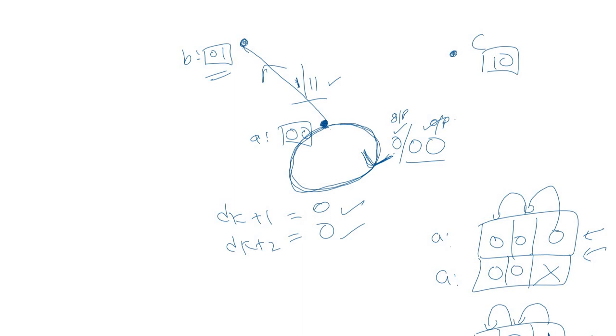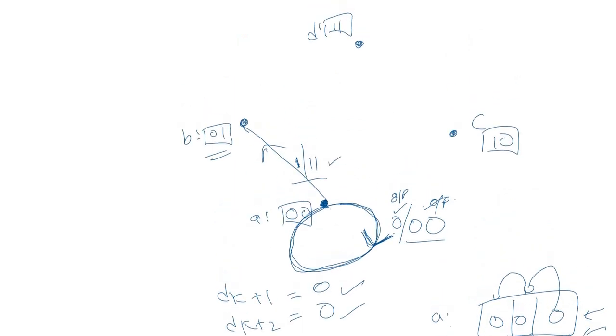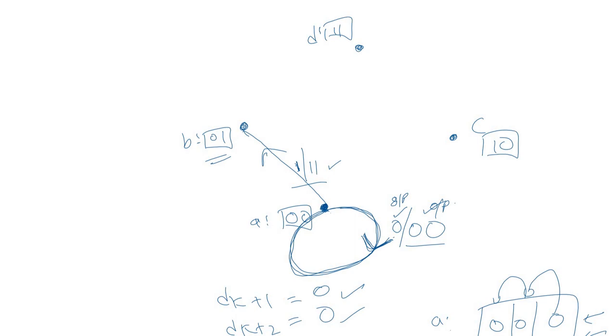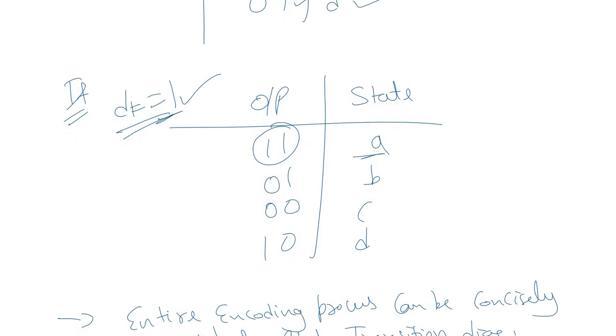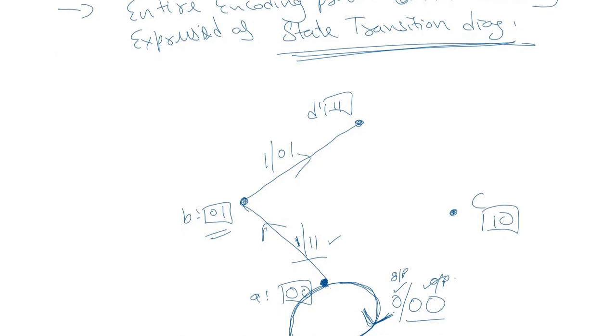Now we are at state B, and we get 1 as input data. You can see that the output will be 0, 1. Check from here, the table: when the input data is 1 and we are at state B, the output is 0, 1, and we move to state D. Please verify this.